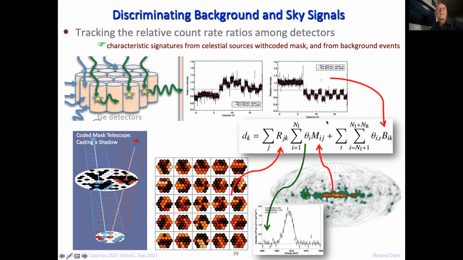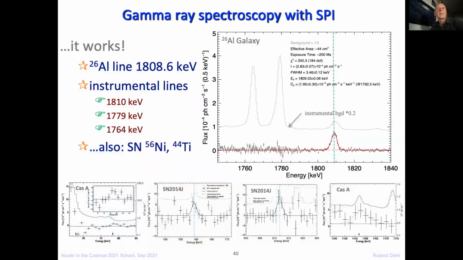So analysis is not straightforward, and it actually needs a model of the sky intensity that is iteratively improved until you have a good match, and then you can talk about detecting sources. So not at all straightforward, but it works, as you can see here. In the case of the celestial aluminum line that is shown here, this is the line that comes from the sky. These are the error bars that you see here. You see it's a very significant measurement.